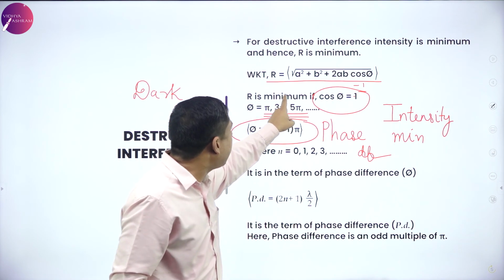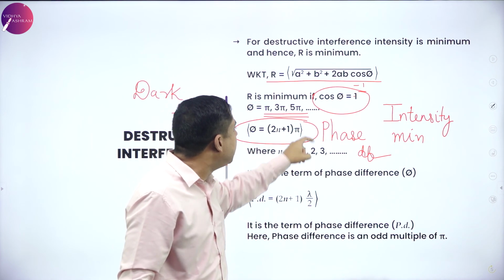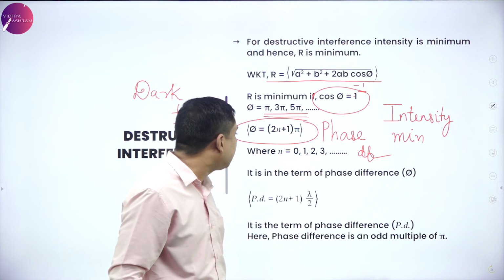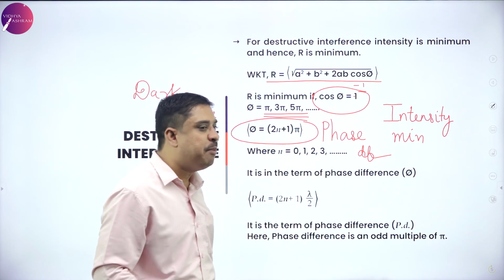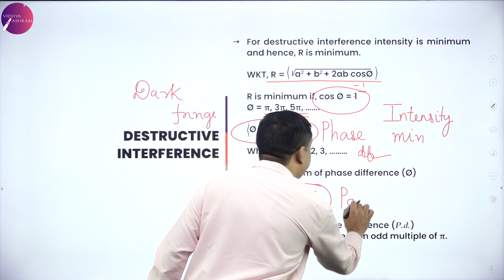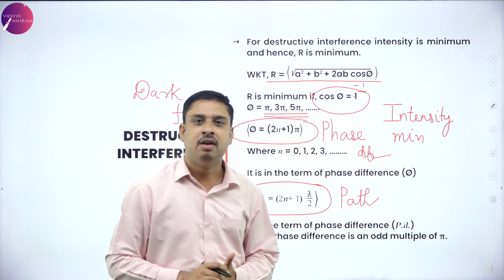Pi, 3 pi, 5 pi, etc., which is 2n plus 1 times pi. Now in terms of path difference, wherever there is pi, put lambda by 2. So this is the path difference for destructive interference.